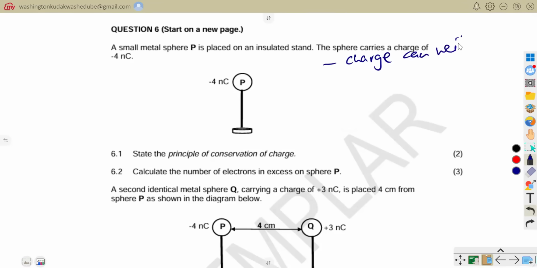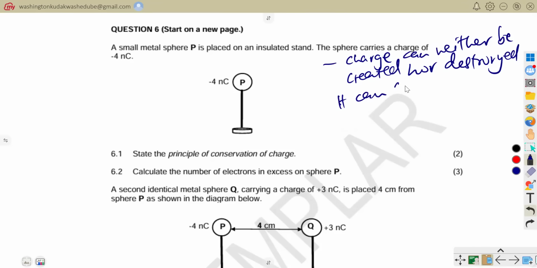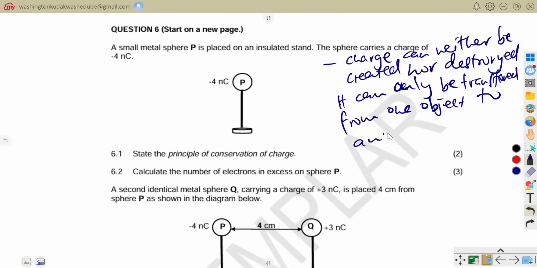However, it can only be transferred from one object to another. That is the principle of conservation of charge.